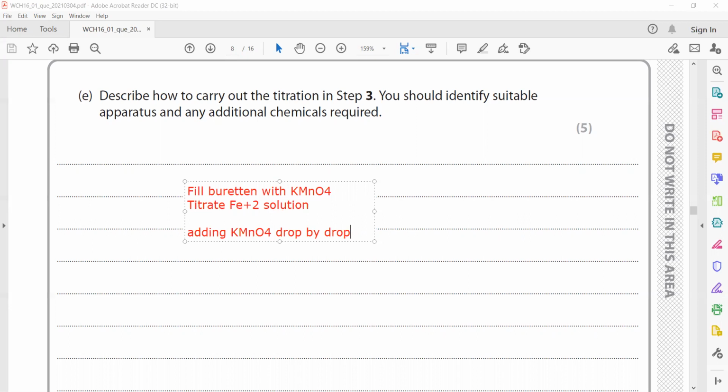That's why in the beginning we are adding drop by drop. If we want to repeat, then first we do a rough titre, like a range finder, and then we repeat when we are closer to this volume.